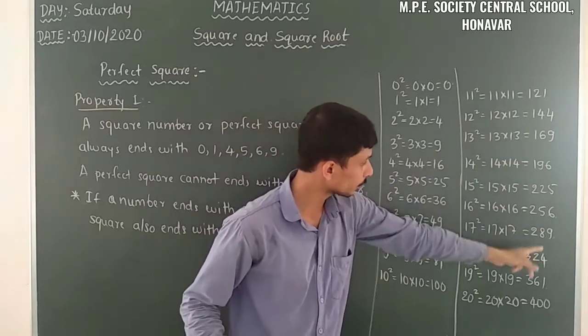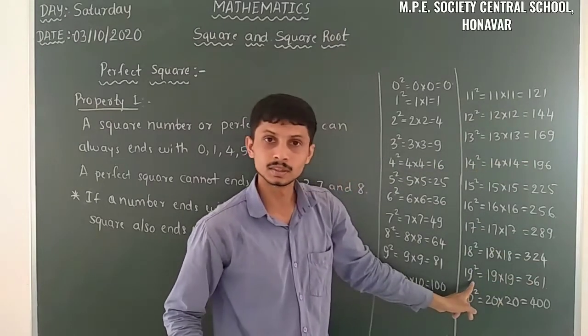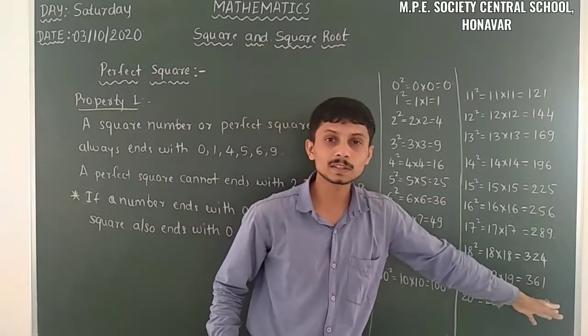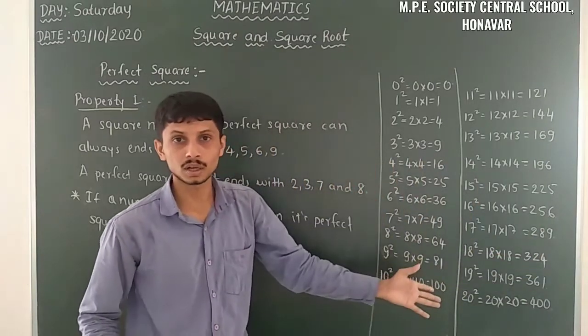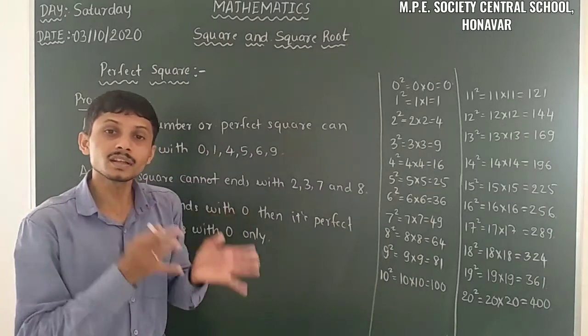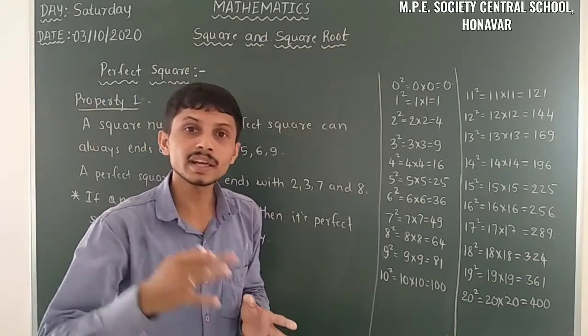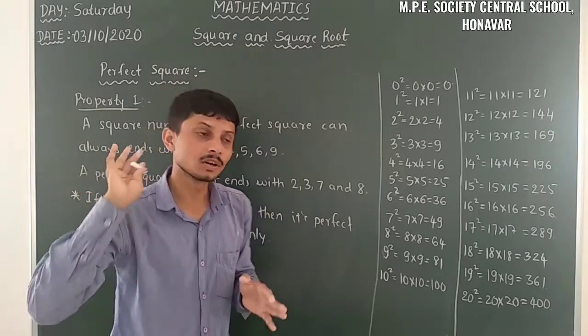So when a number ends with 1 or 9, its perfect square ends with 1.